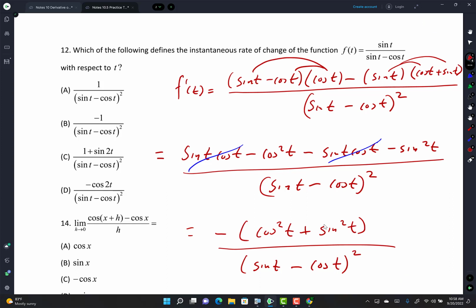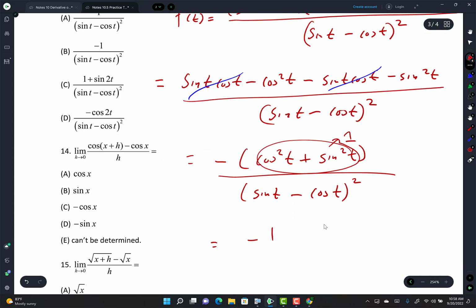We're still okay? What's cosine squared plus sine squared? 1. So my final answer is negative 1 over (sine t minus cosine t) squared.